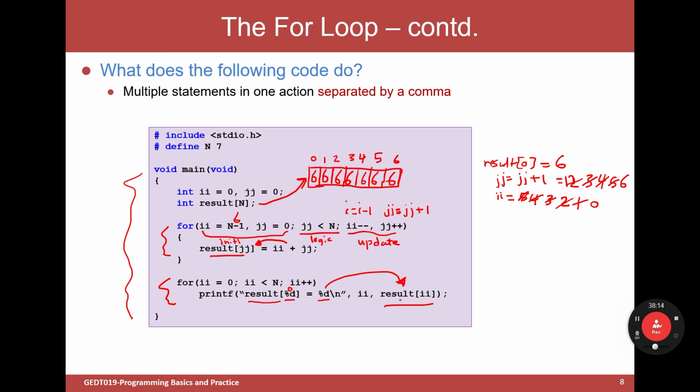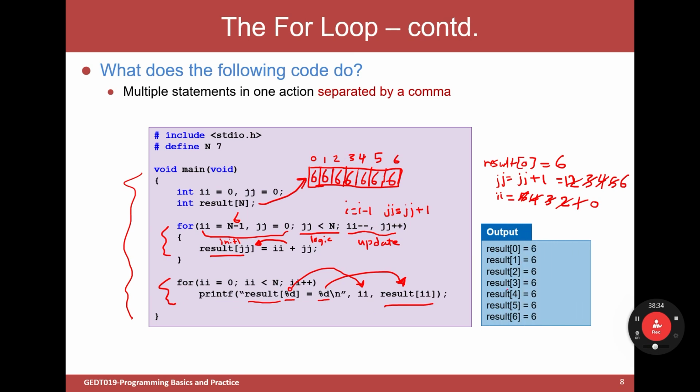Result of 0, result of 1, result of 2, result of 3. So it will read all elements of the array. So this one is the number, and this number is just ii. So this one will print this message, and this message contains result 3 and equal.